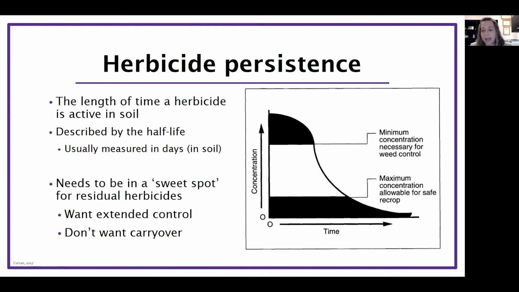However, we don't want so much herbicide that we cause unacceptable crop injury or carryover. That extended period of activity ends up causing harm to crops in subsequent growing seasons. So there's a window of concentration we're shooting for to get some weed control but not have unacceptable crop injury or carryover.